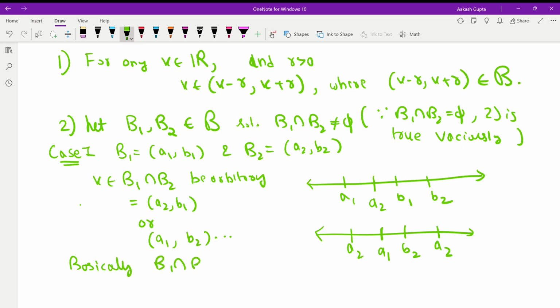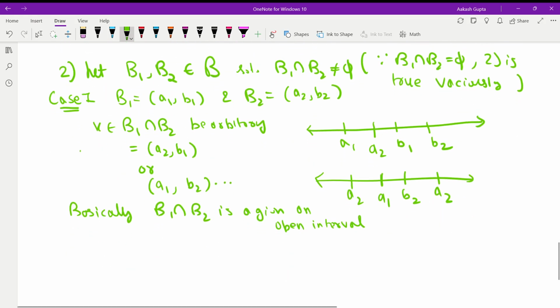Basically you can see, if there are more cases, B1 intersection B2 is again what? An open interval. That's what I wanted you guys to observe. So take B3 equal to B1 intersection B2 only.